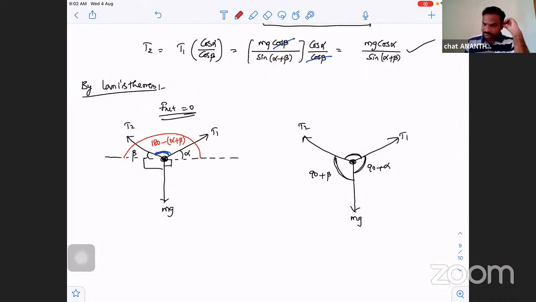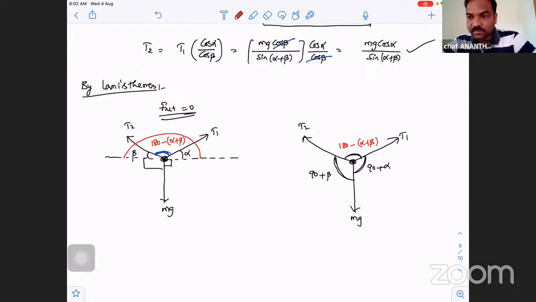Am I right? On one side alpha is there, on the other side beta is there, so alpha plus beta is the angle. So what is the remaining angle? 180 minus alpha plus beta. Okay.